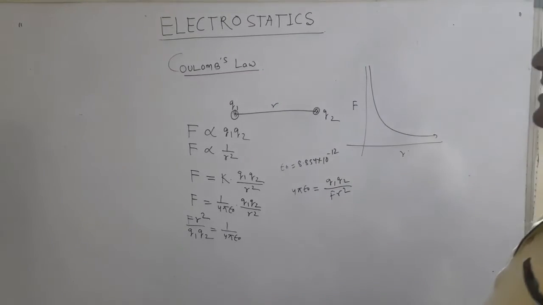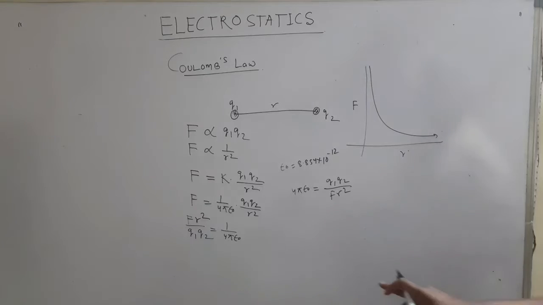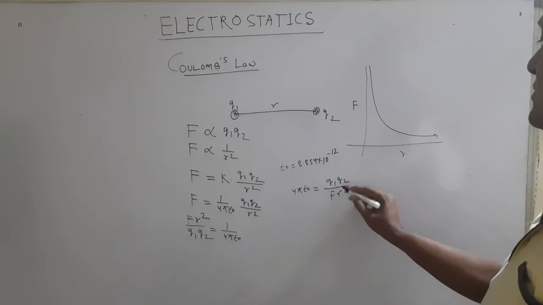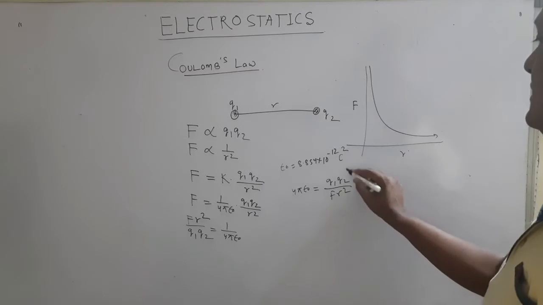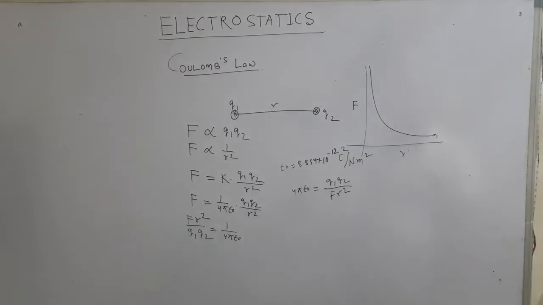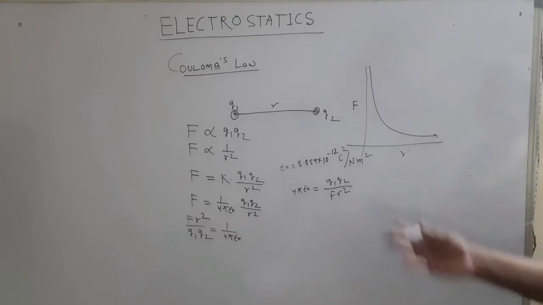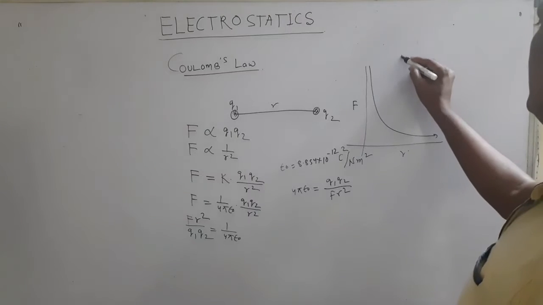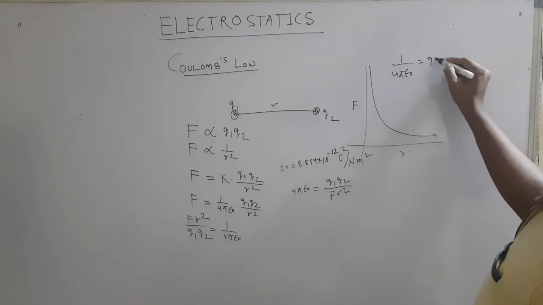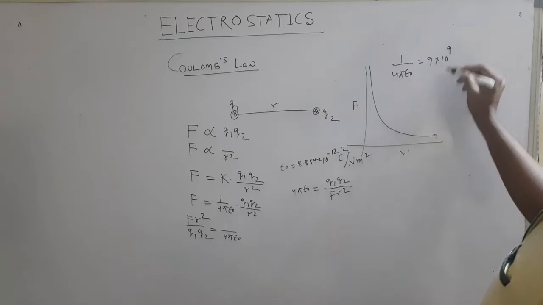Since the 4 pi doesn't contribute anything in the dimensions, I simply ignore it, and then I find that the unit is Coulomb into Coulomb, that is Coulomb square over Newton meter square. This is how you can find the dimensional quantity, and the value of 1 by 4 pi epsilon naught altogether is 9 into 10 to the power 9.